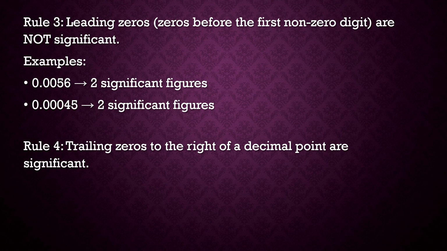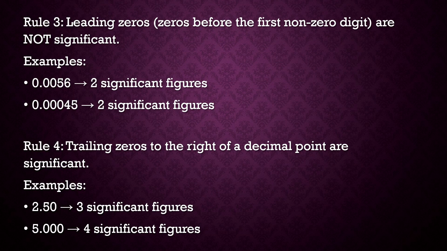The fourth rule says that trailing zeros to the right of a decimal point are significant. This is also a tricky rule. Whenever the decimal comes, and the zeros are on the right side, then they can be considered significant figures. So 2.50 has three significant figures because the zeros are on the right side.